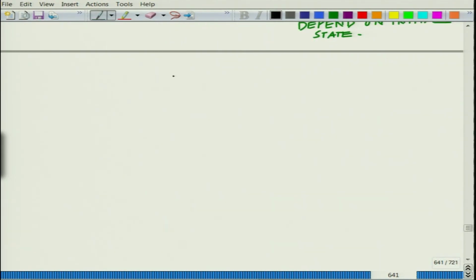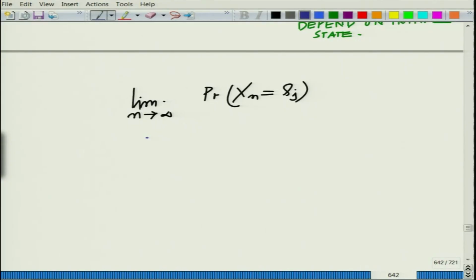This is a very interesting property. Further, now if you look at the limit n tending to infinity, what is the limit of the probability Xn equal to Sj, that is, at n equal to infinity, what is the probability that this discrete time Markov chain will be in state Sj? There is a very simple way to evaluate that.